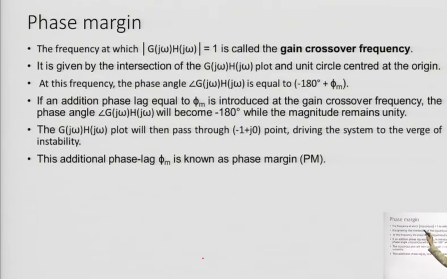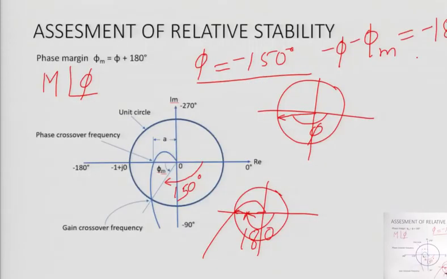So, how do we define it? The frequency at which g j omega h j omega is 1 is called the gain crossover frequency. Here this is a unit radius circle and this is the vector.